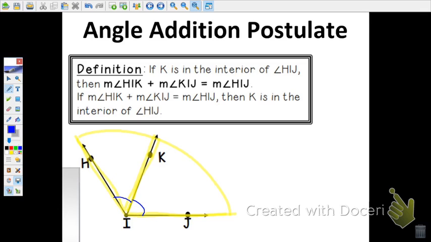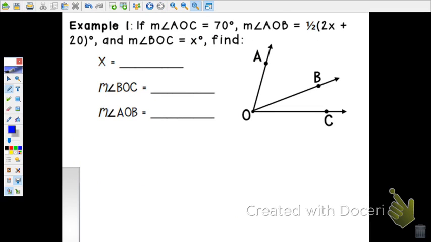So that's our angle addition postulate. Two parts equal to the whole. You have to look at your picture carefully so that you set up your equation correctly. So we've got some examples.